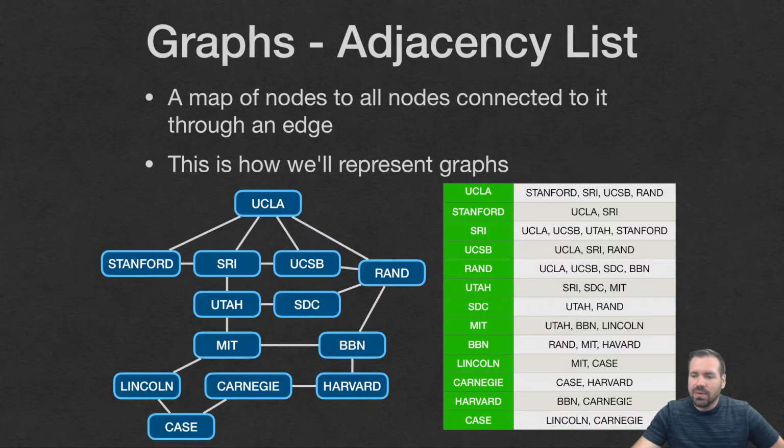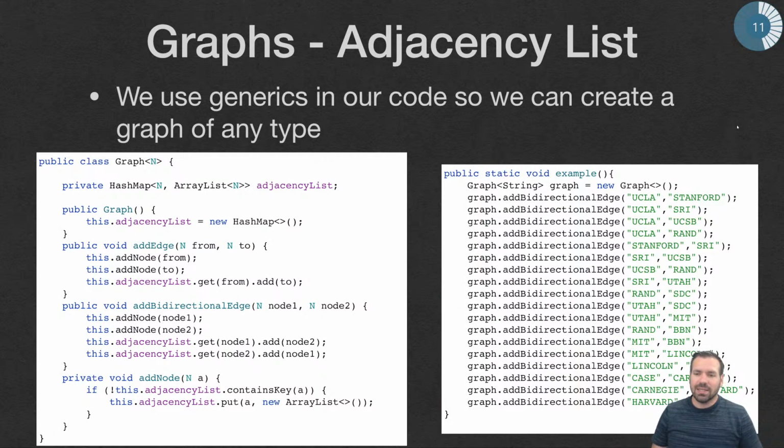Okay, but this is how we're representing things, and in the code, it's going to look like this. This is actually the only slide of code I'm going to show in this whole lecture. A lot of this graph lecture is me telling you how graphs work, and then your task is to code that up. Specifically, when we get to breadth first search, I'm going to show you everything about how to run it and use it, but it's going to be up to you to code it.